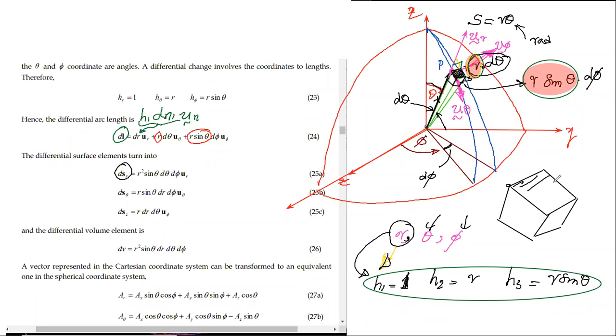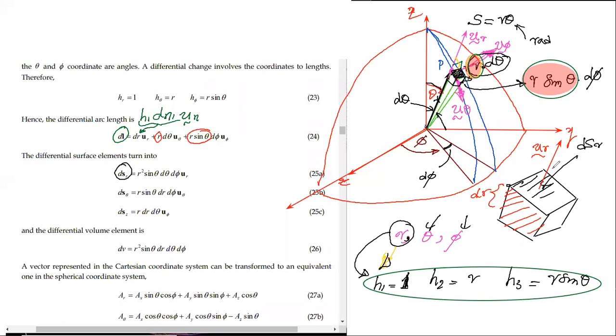This surface represents dS r. The unit vector is perpendicular to this surface area. It is along the r direction, u r. And similarly, for this surface, you can find this is dr, this is dr, right?